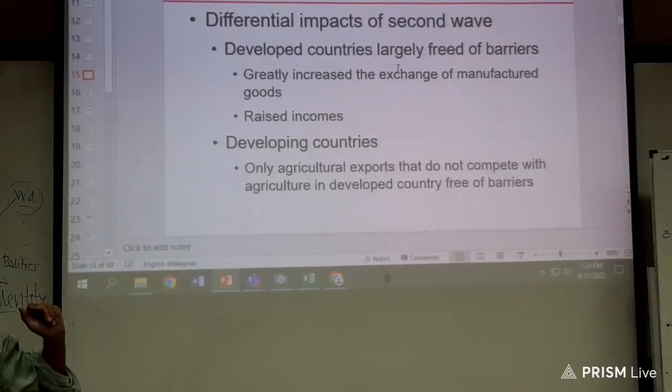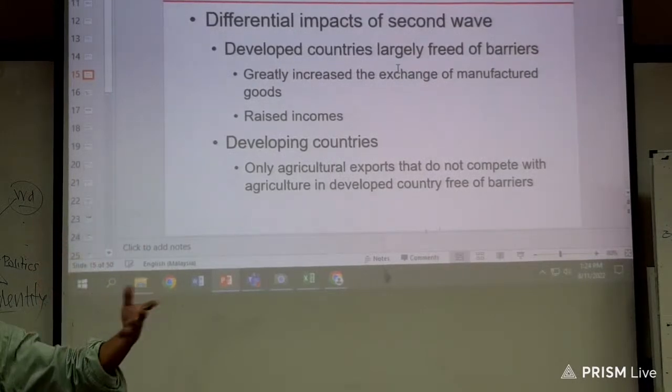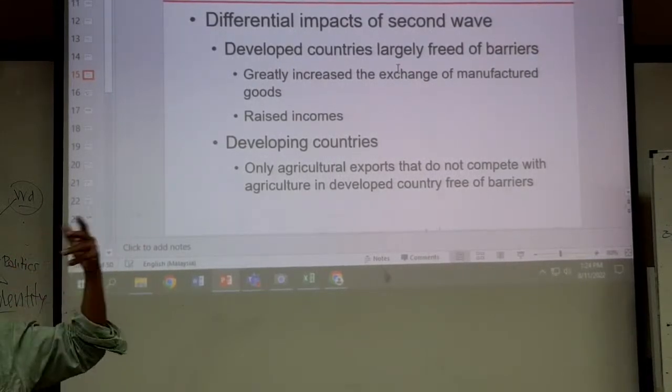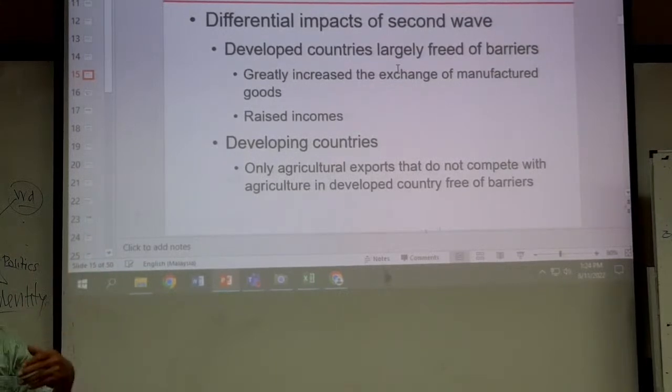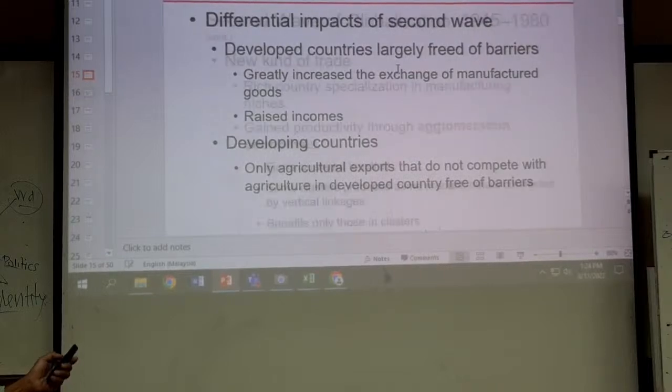Developed: USA, Germany, Japan, Korea today. Developing: Malaysia, Thailand. Developing countries had free access only for agriculture exports that do not compete with agriculture in developed countries.